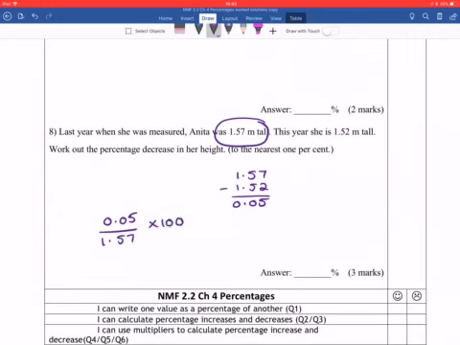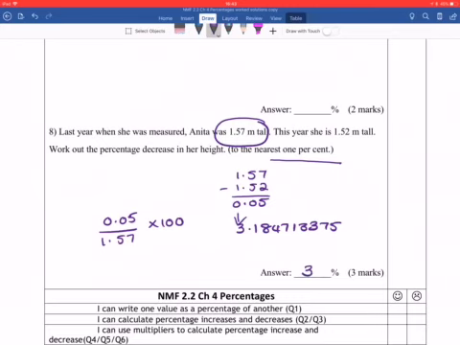So 0.05 divided by 1.57 is equal to a very long 0.031847. I times it by 100 and I get 3.184713375 on my calculator, but it says to the nearest 1%. So I'm looking at it and it's a 1 afterwards, so it's just 3%.